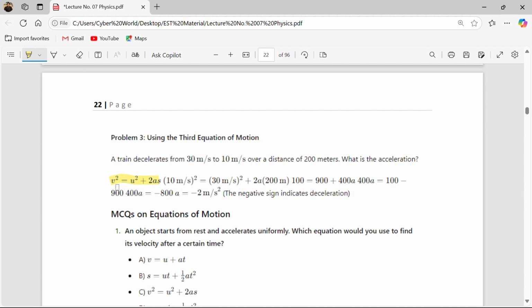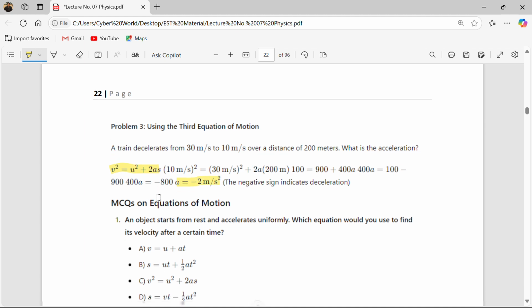Here the final velocity is 10, and the initial velocity is 30, plus 2as. We have to find a, and s is given, which is 200 meters. Because the acceleration is decreasing, you are getting retardation, meaning deceleration.